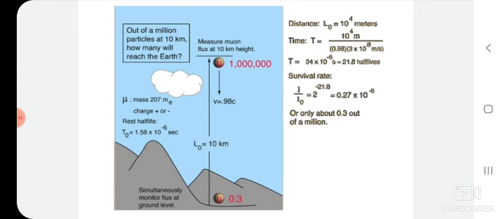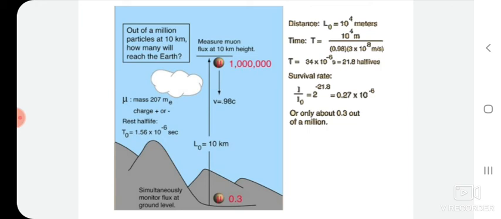Therefore, I want to find out the time t, which is equal to distance upon velocity. We know the distance between the muon and the earth surface, which is 10 to the power of 4 meter, divided by velocity, 0.98 times c, 0.98 into 3 into 10 to the power of 8 meter per second.